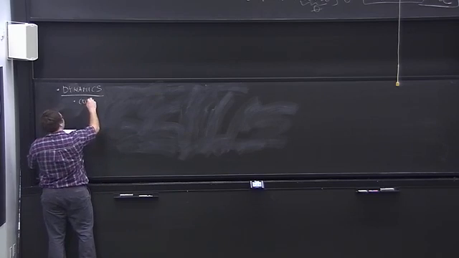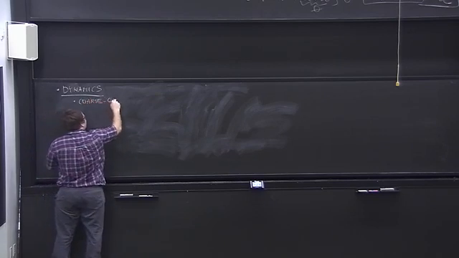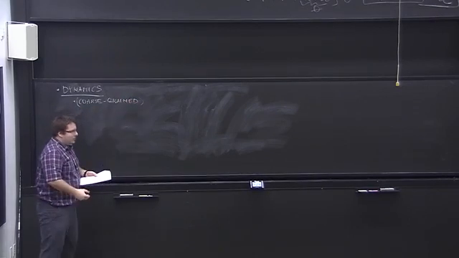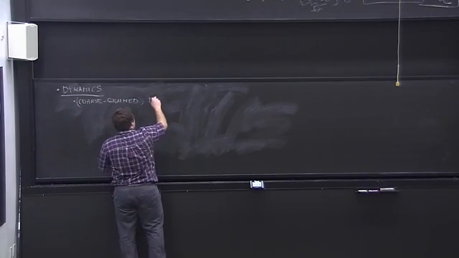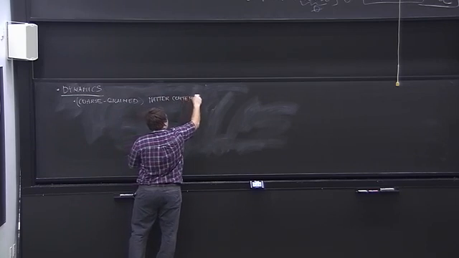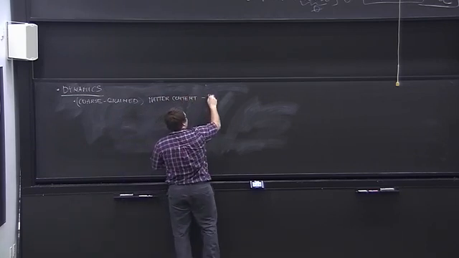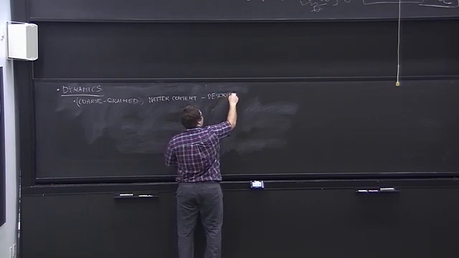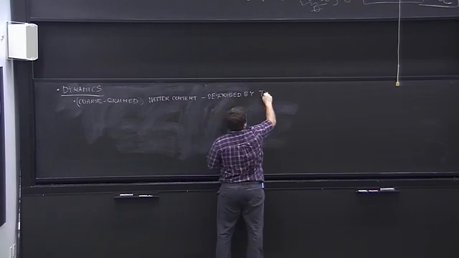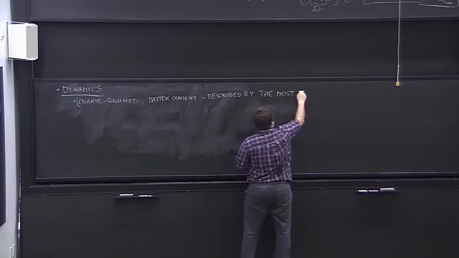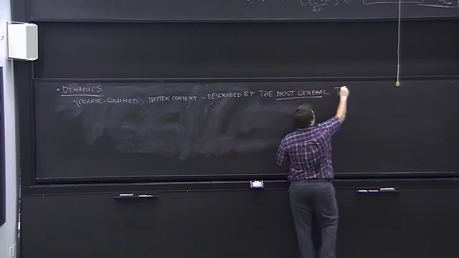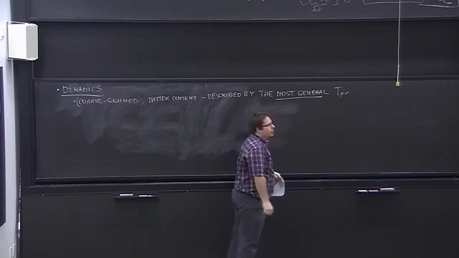So coarse grained, which means I consider these guys on large scales, where the universe is homogeneous and isotropic. Matter content will be described by the most general T mu nu which is consistent with isotropy and homogeneity.